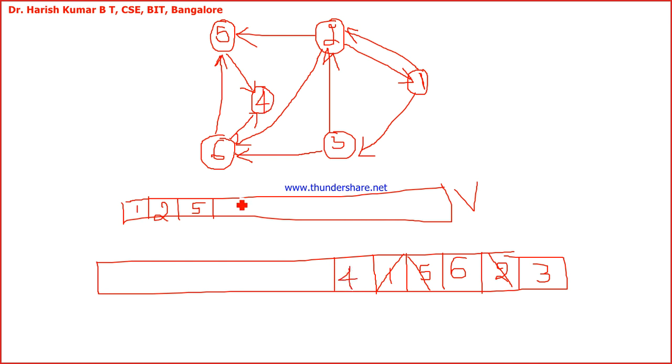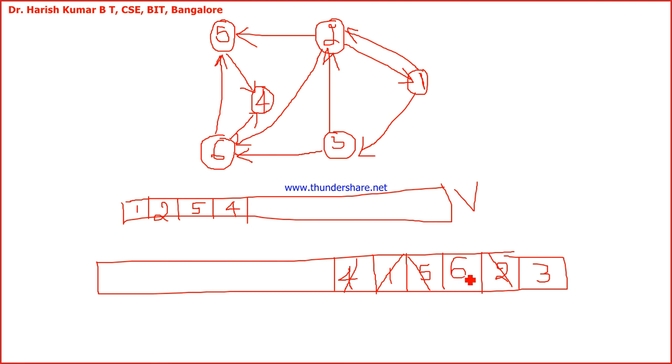Our next node to visit is 4. So this is popped, and add the adjacent nodes of 4 to the stack. There is no adjacent node of 4. So that's all, for 4 we don't have any adjacent node.